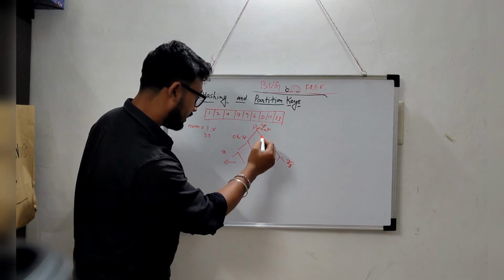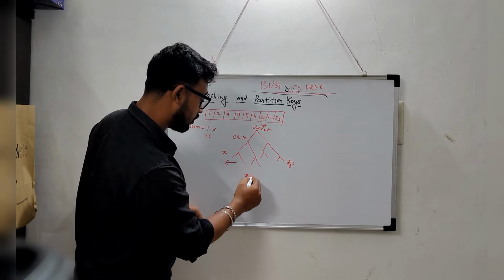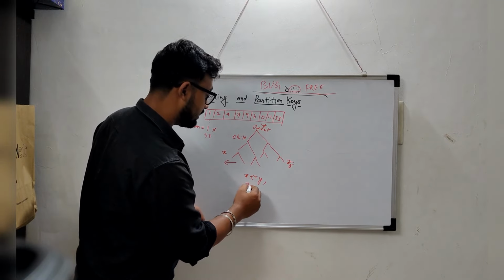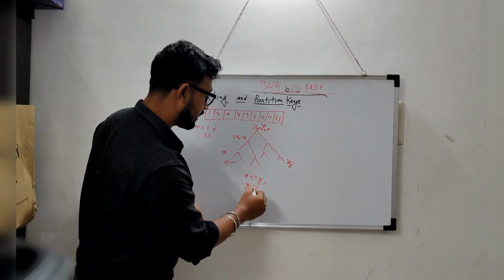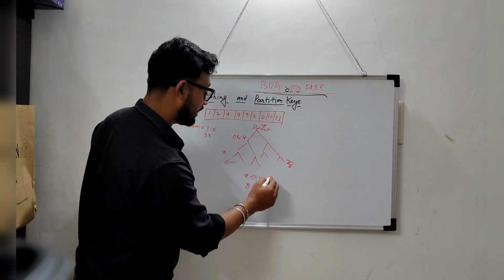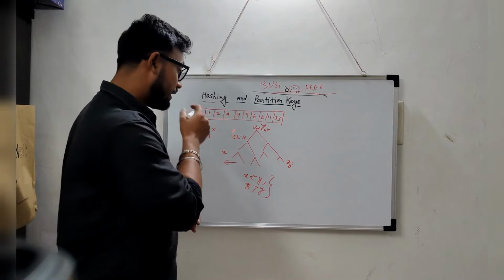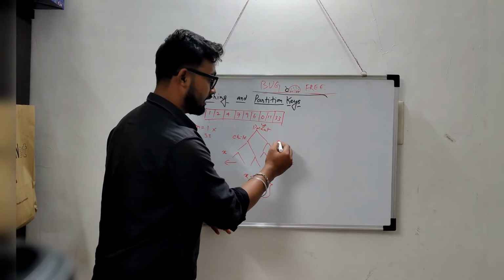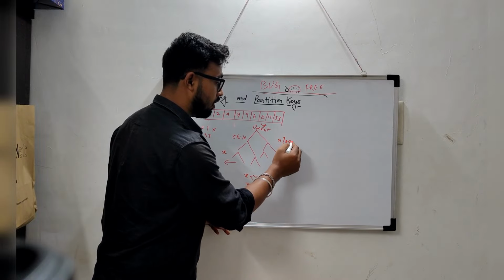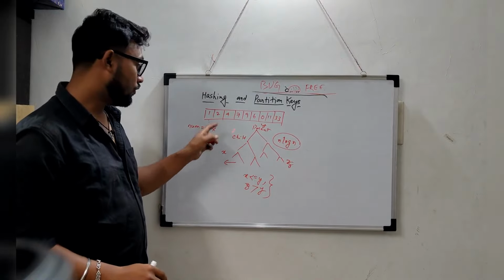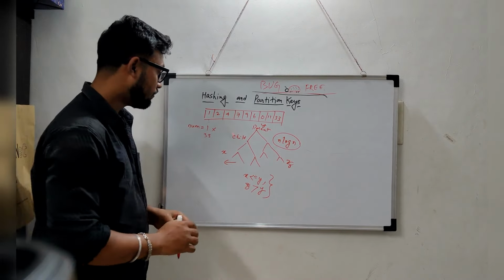In this way, x is always less than or equal to y and z is always greater than y. So what is the overall search complexity? It is normally in the form of n log n, right? This is the overall time complexity for this.